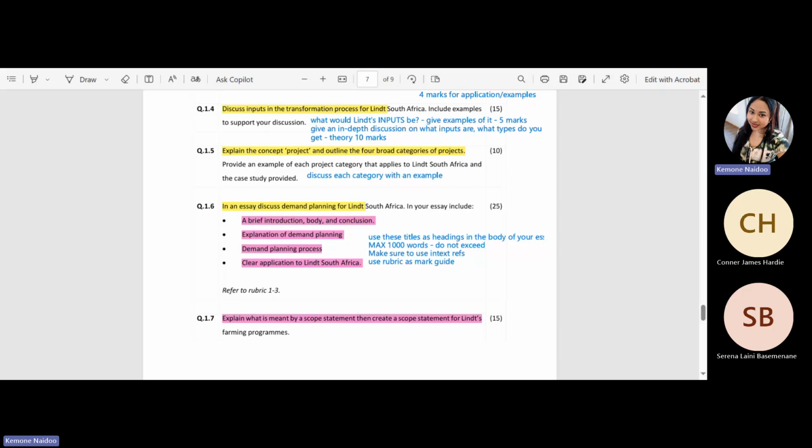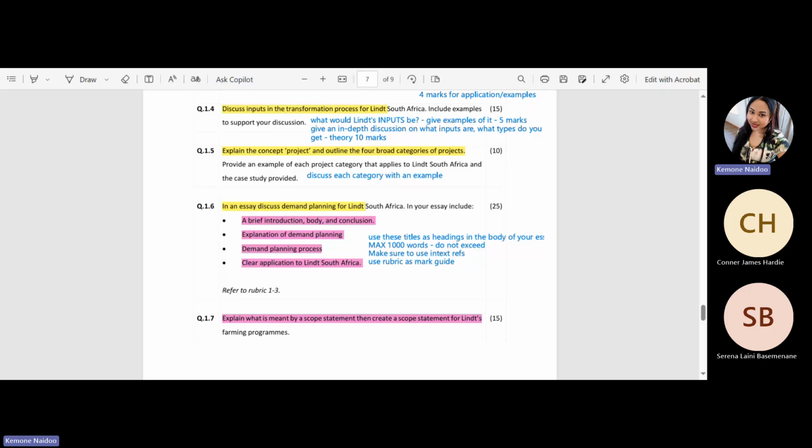And then again, you're going to go into the case study and you're going to look at what Lent's inputs would be. So what inputs do they have? Remember, inputs are not just your raw materials, okay? It's anything that goes into a transformation process. It can be information, it can be capital, it can be human resources, it can be anything. So it can even be customer feedback, okay?